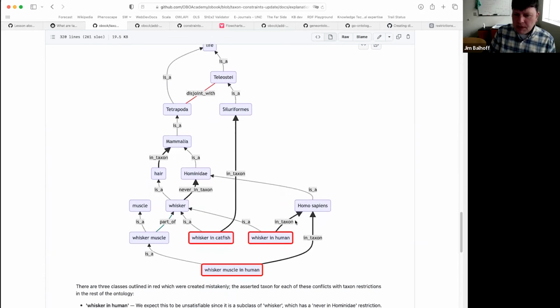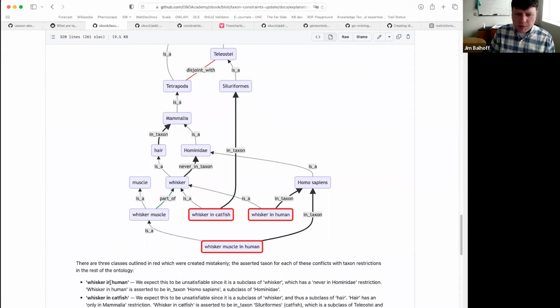These three terms are examples of terms that someone made by accident or incorrectly, that we want the reasoner to find unsatisfiable. Maybe somebody used the term whisker with humans, thinking of a mustache or something. Whisker and catfish, they mixed up with barbels or something like that.